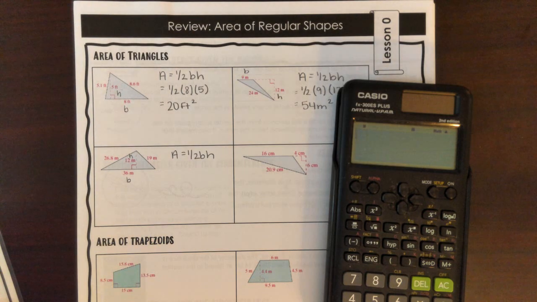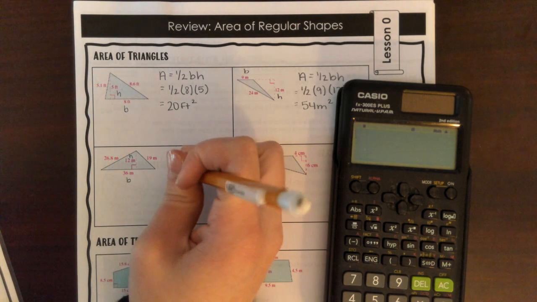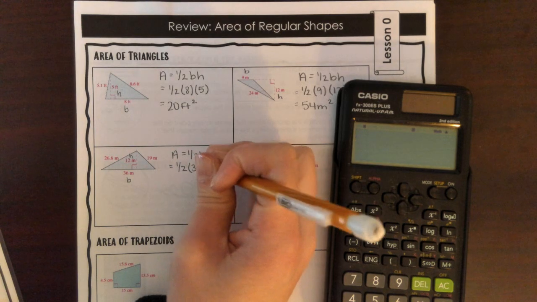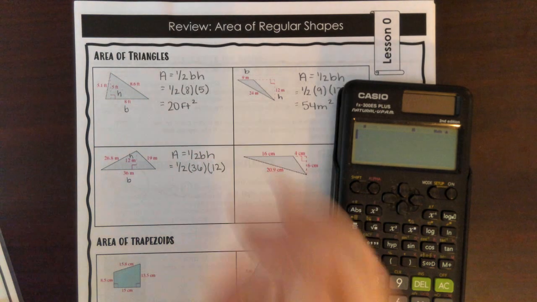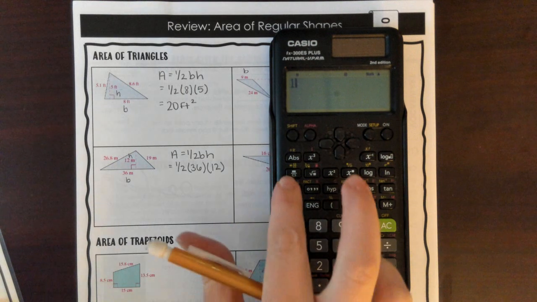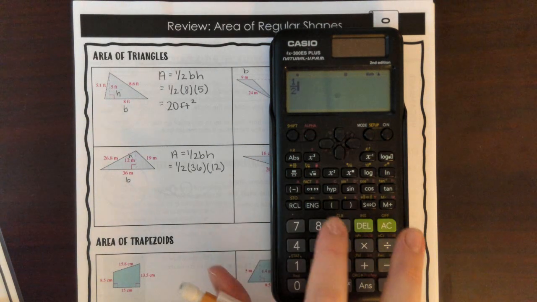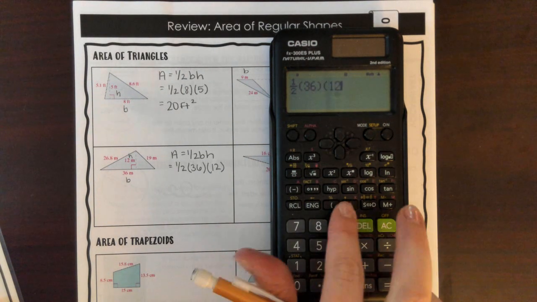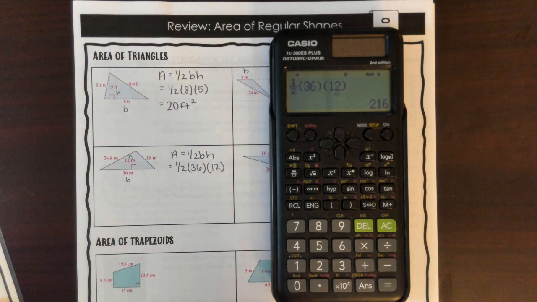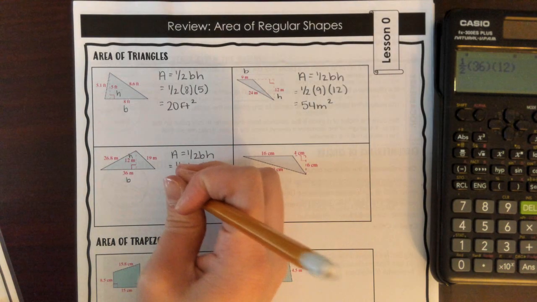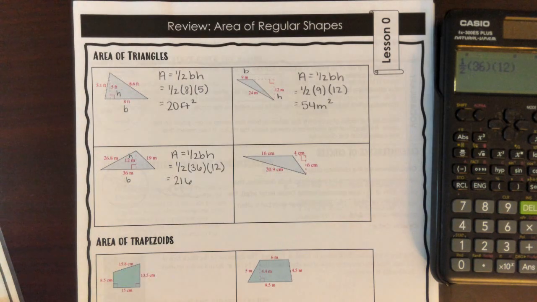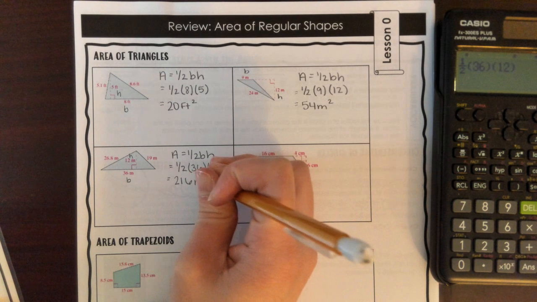So it's 1/2 times 36 times 12. And you're going to get 216. Do not leave that as your answer. Make sure you label it. So it's 216 meters squared.